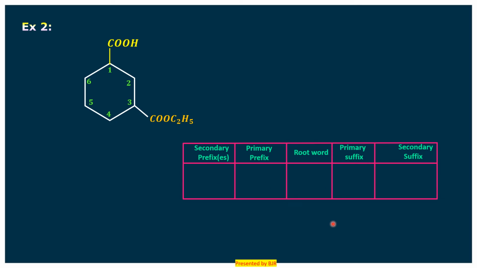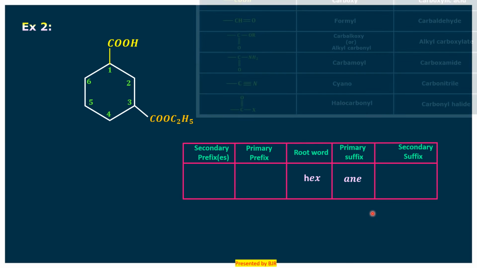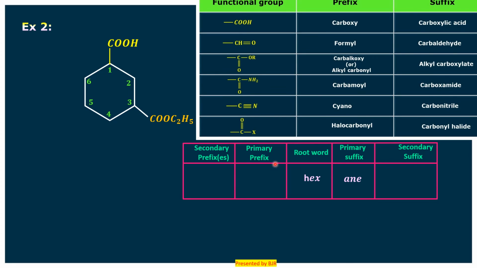Root word is hex, primary suffix "-ane", primary prefix is cyclo, secondary suffix: COOH means carboxylic acid, and secondary prefix: COOR means alkyl carbonyl.